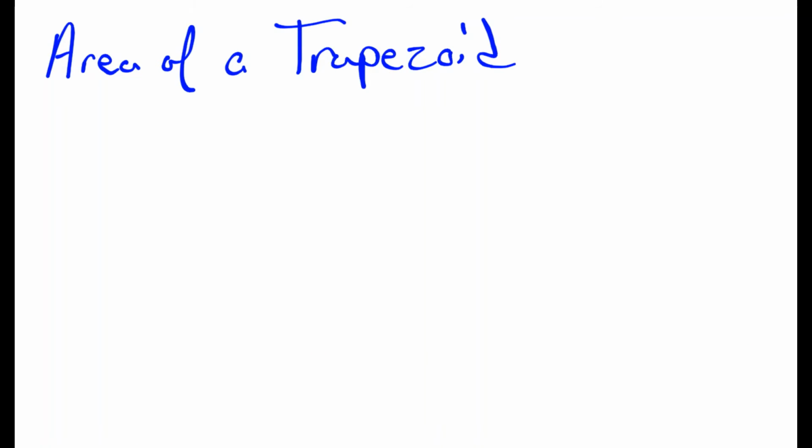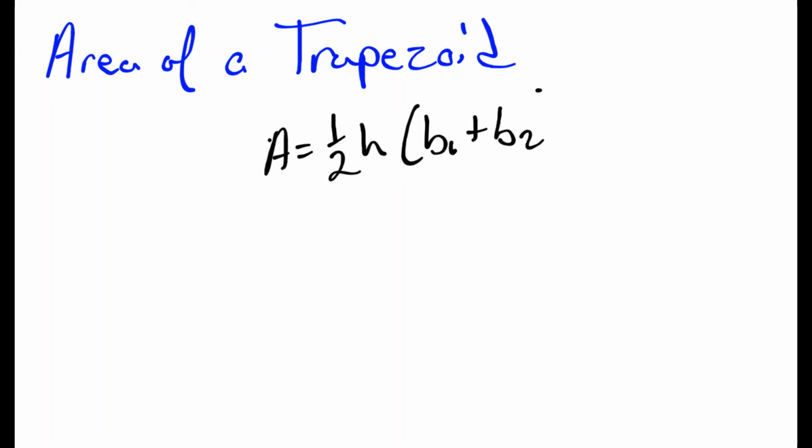Now for the area of a trapezoid, we're actually going to have two different formulas that I'm going to show you. One is the traditional formula, where the area is 1/2 the height times base 1 plus base 2. And the second formula, not such a traditional formula, is simply the length of the median times the height.